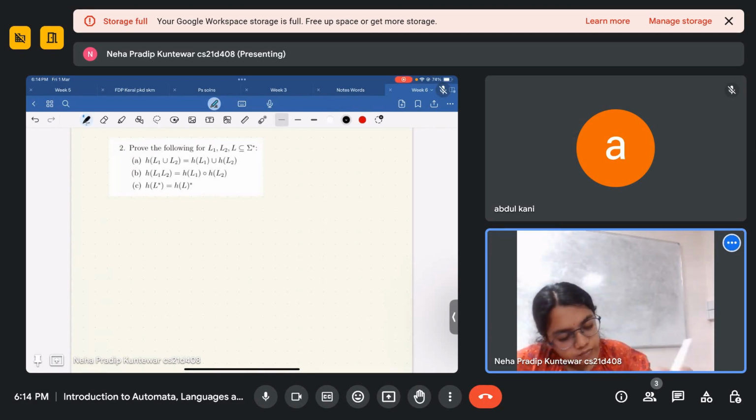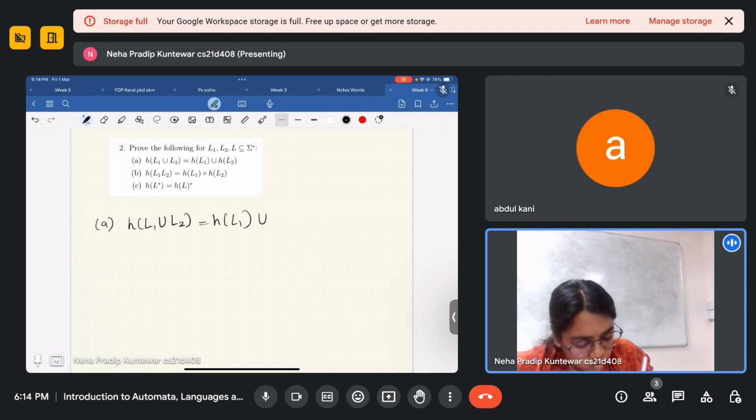Let's say L1 and L2 are some languages, and we apply this homomorphism. What you want to show is that H of L1 union L2 is equal to H of L1 union H of L2. So do you have any ideas about how we go about it?